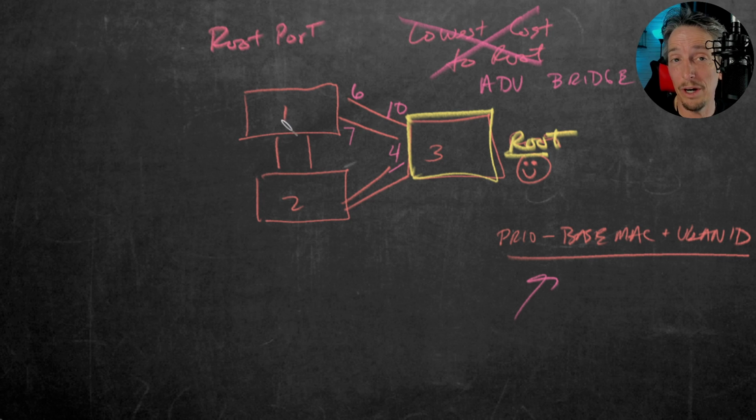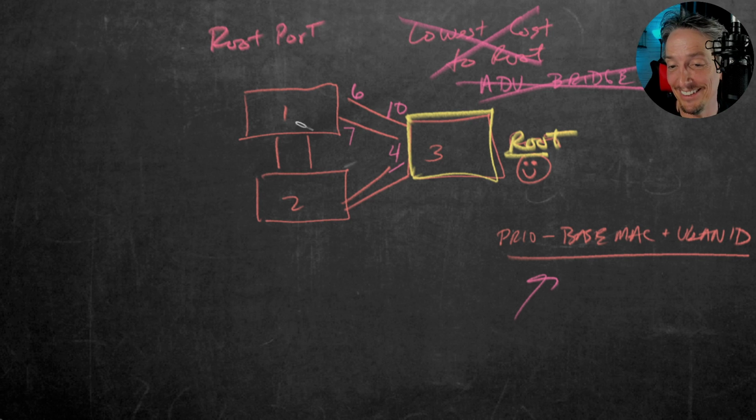So if switch 1 was connected to multiple switches and they all had good possible paths to the root, it would say, if it's a tie, like do I go through switch 9 or switch 10, if both switches have equal cost from switch 1's perspective, it would choose the one that has the lowest bridge ID. But in this case, both these links that are going to switch 1 are advertising the same exact bridge ID. So the bridge ID is the same for interface 6 and interface 7.